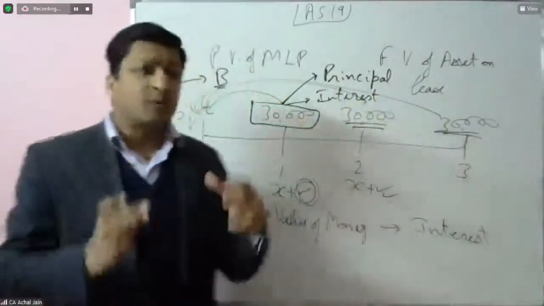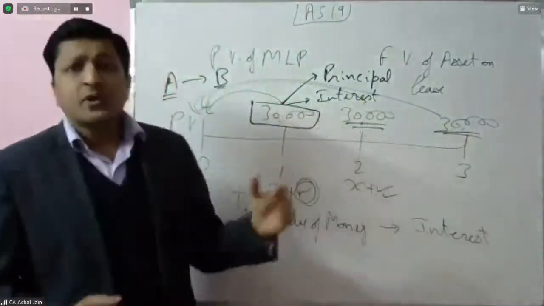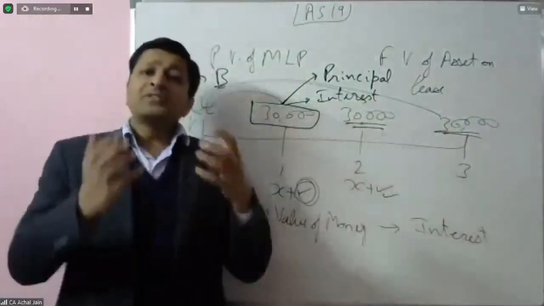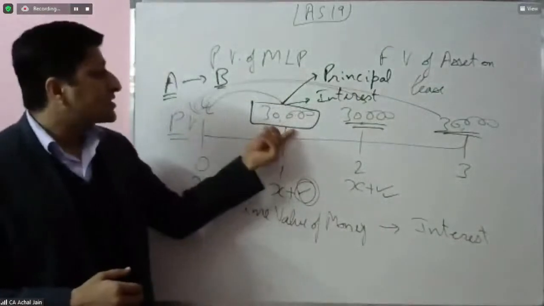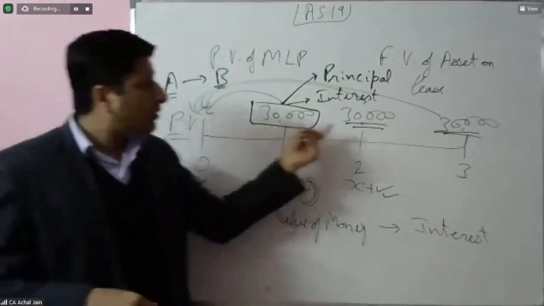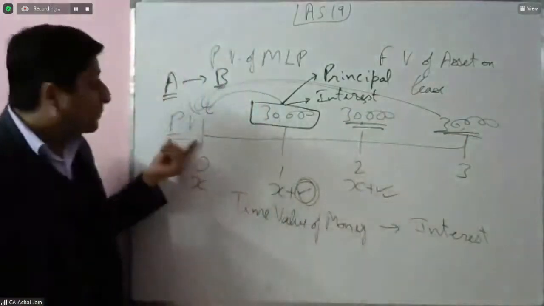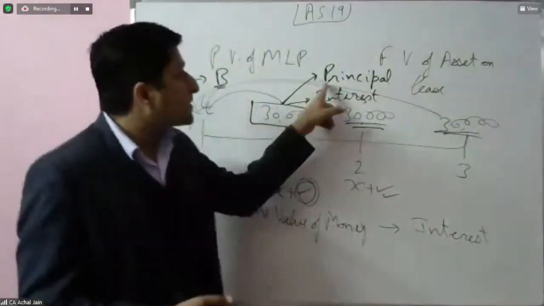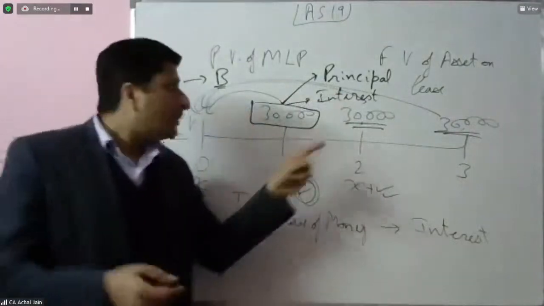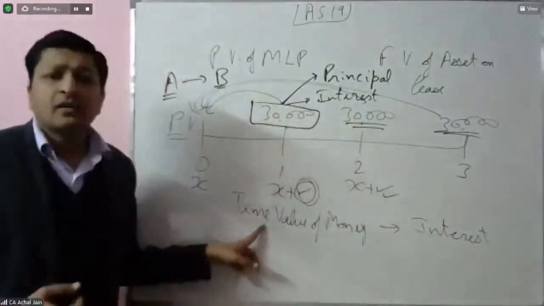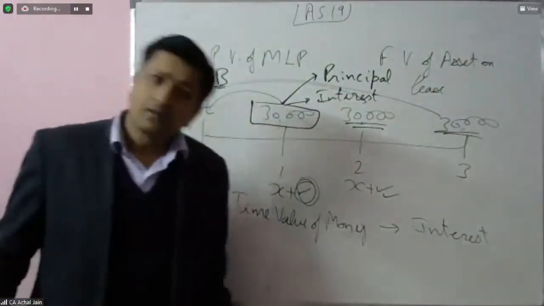We are just trying to understand the concept of present value, and we are just trying to bring out from this lease amount, this lease amount as well as this lease amount, the present value, which means the principal, and the interest component, that means the time value of money. Okay.